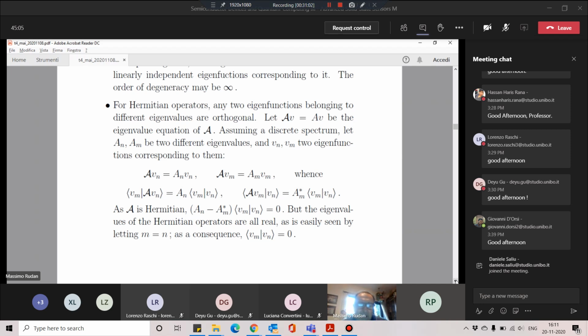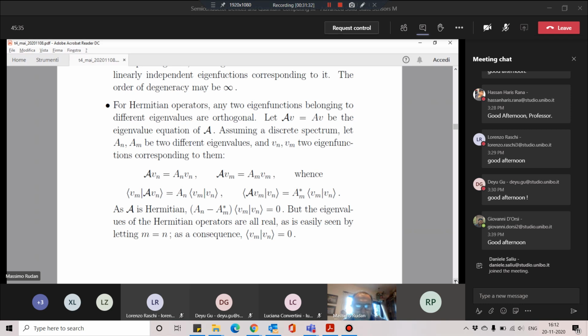Now let's take the first eigenvalue equation, the one that corresponds to index n, and then we calculate the scalar product on the left with Vm. That means that we multiply both sides by the conjugate of Vm, and then we integrate over the space.